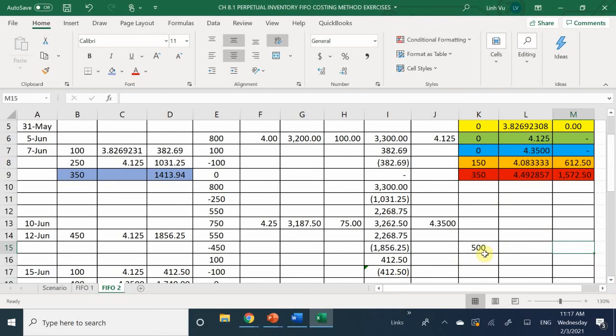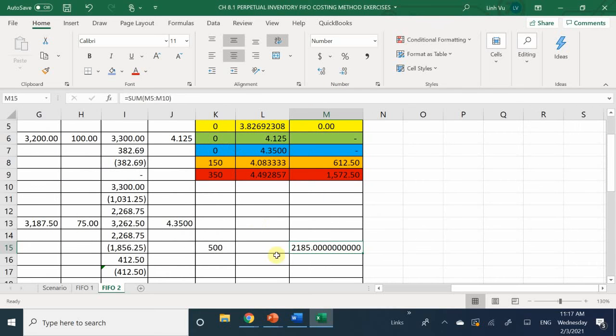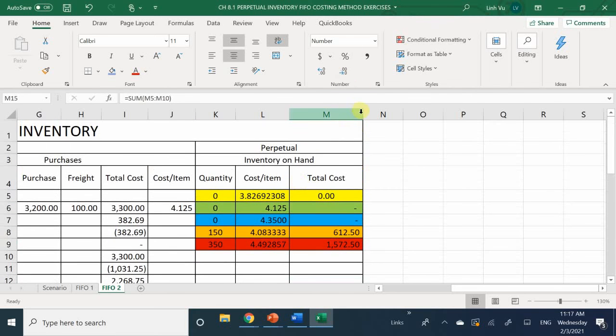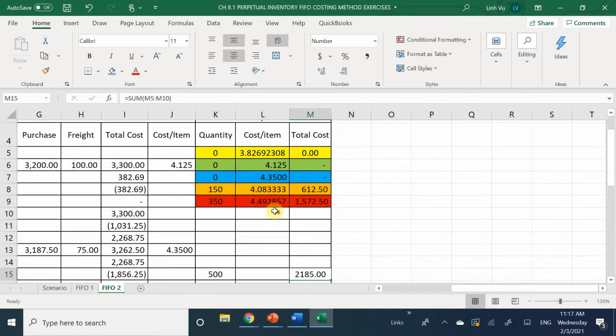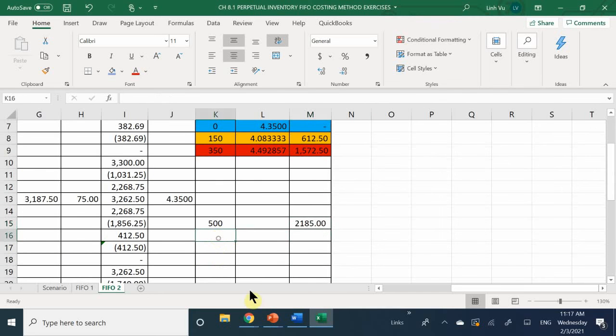And of course, if I pull this over here, it should give me a grand total of $2,185. Okay. So now that we solved for that, we had the correct number here. Okay. We got our ending inventory to be the 500 items. Okay. And I'm going to go ahead and highlight this because this is also a new total.